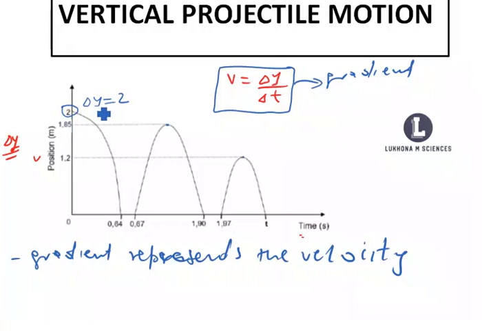Then this 2 is below the starting point, down, because it's decreasing to 0. Then we have the time, delta t, which is 0,64. Then the acceleration is 9,8, always downwards.